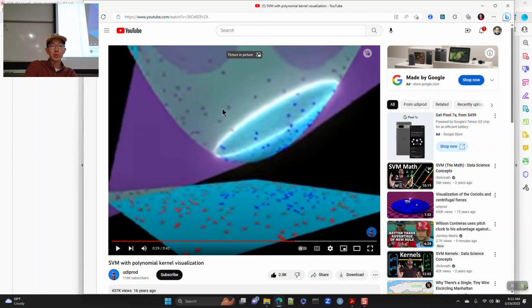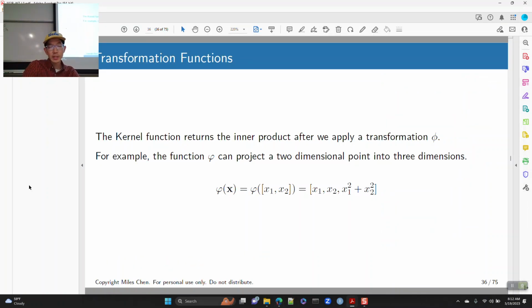You can imagine running your maximum margin separator, the same kind of concept, in this higher dimensional space and figuring out your boundary there. And that's the idea of using a kernel function. Here I've got this transformation function. We take our values x1 and x2, and it projects them to x1, x2, x1 squared plus x2 squared.